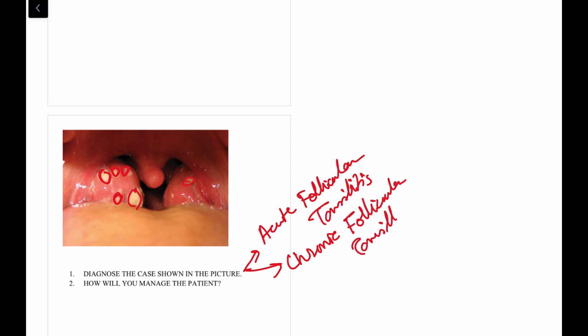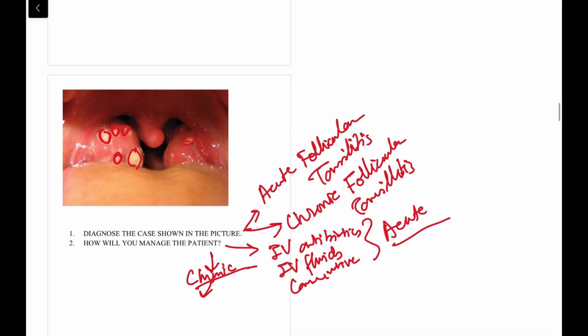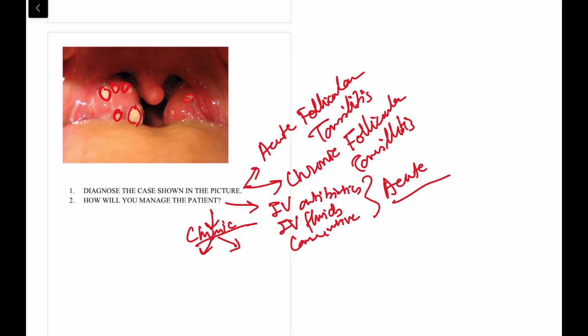Now, if you write acute follicular tonsillitis, your management will change. You will talk about IV antibiotics in case of acute. You will talk about IV fluids and other conservative managements if you write the diagnosis to be acute. But in case of chronic tonsillitis, your treatment pattern will change.